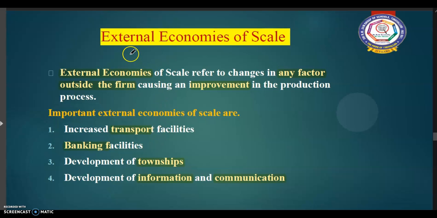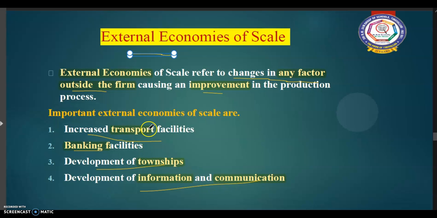Now we are going to discuss the external economies of scale. It refers to the changes in any factor outside the firm causing an improvement in the production process. So first, increased transport facilities, banking facilities, development of townships, development of information and communication.